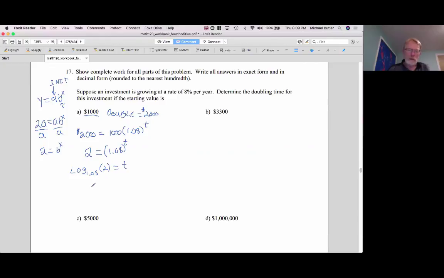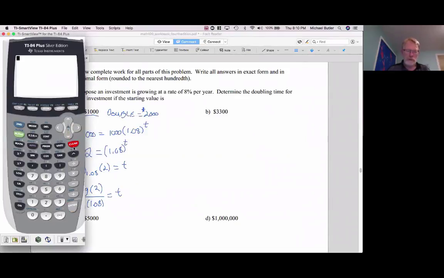Okay, all right, so let's go ahead and do that. Let's use change of base on that. And so that's log of 2 divided by log of 1.08, right, is equal to t, okay?